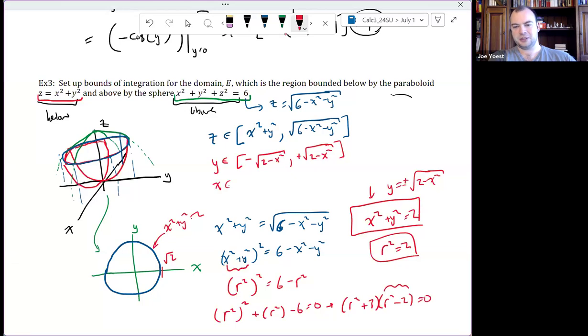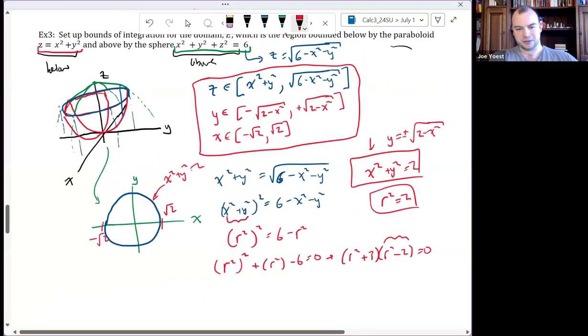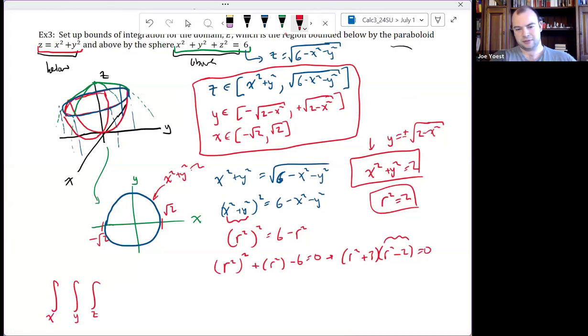And we see that x goes between minus root 2 and plus root 2. And when we set up the integrals, we'll have to integrate in this order. Z as the innermost because it depends on both x and y, y next because it depends on x, and then x is the outermost because it doesn't depend on either.